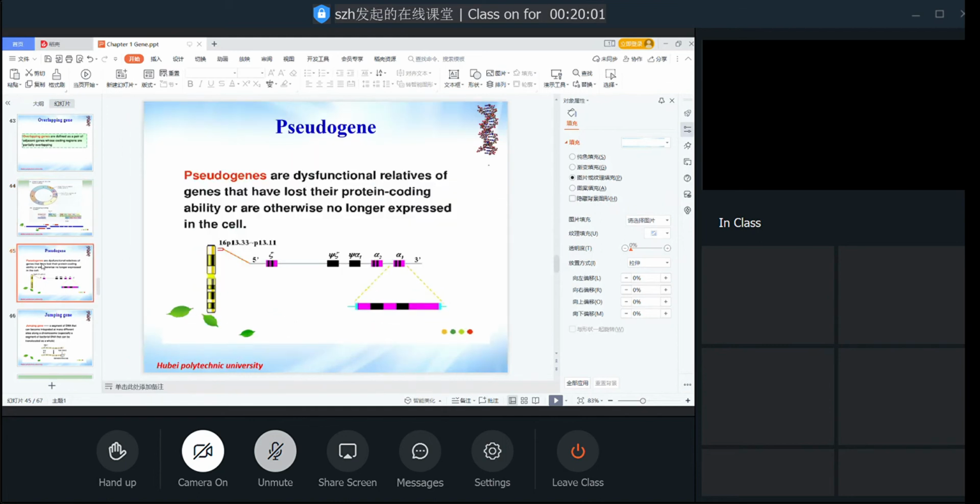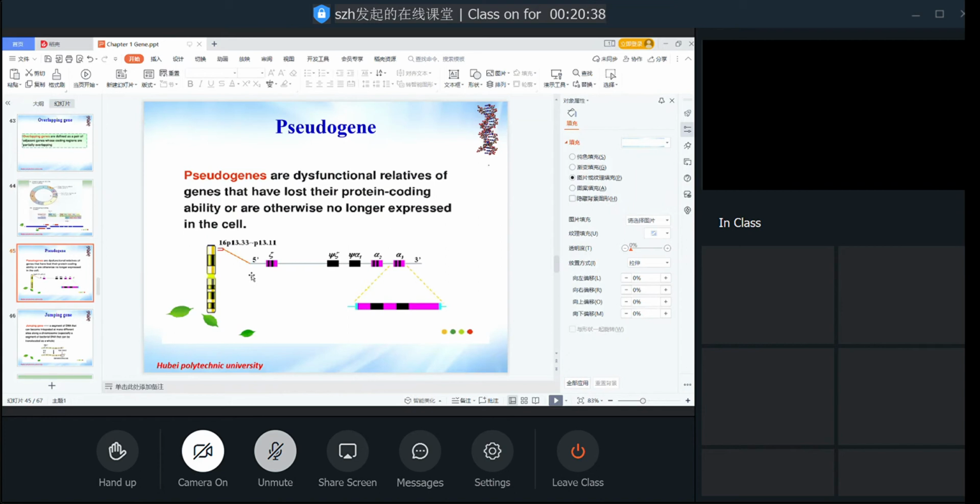And pseudogene. What is a pseudogene? Maybe you studied physiology, maybe you studied globin. Last semester, you studied biochemistry, the structure of the protein.